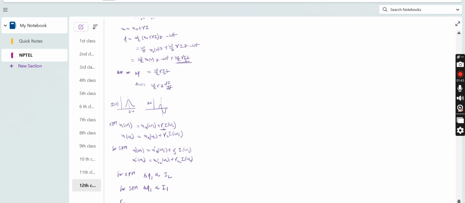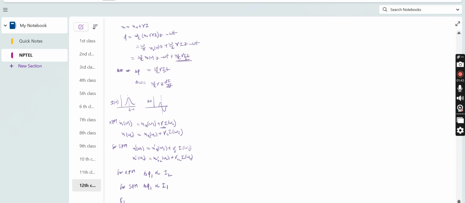And when the refractive index of E1 is depending on the intensity of E1 only, then that is self-phase modulation. So by changing the intensity of E1, the refractive index of E1 is going to change, that is self-phase.